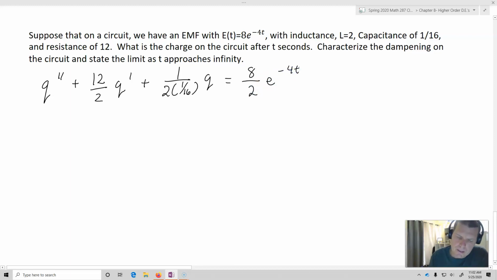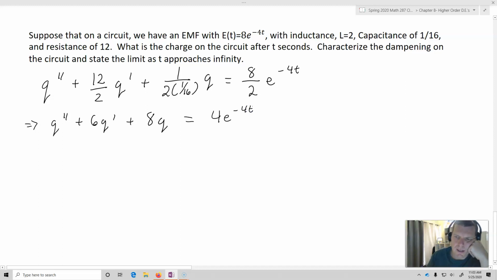When we simplify, we get Q double prime plus 6Q prime plus 8Q equals 4e to the negative 4t.